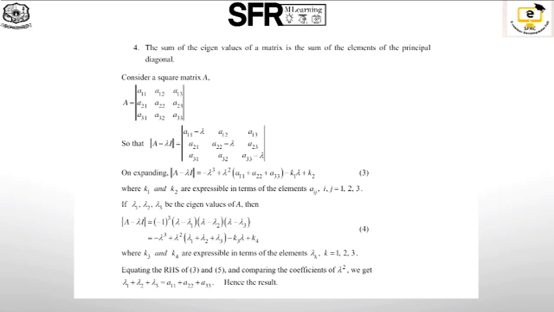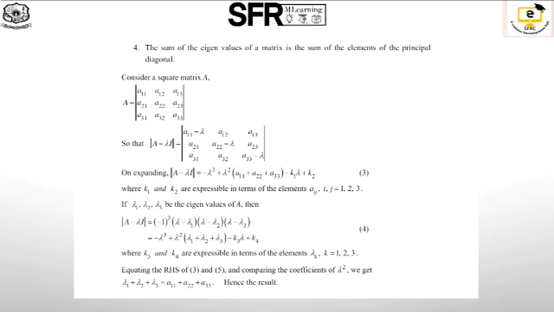If lambda 1, lambda 2, lambda 3 are the eigenvalues of A, since here we take the square matrix of order 3, so we have 3 eigenvalues. Let them be lambda 1, lambda 2, lambda 3.